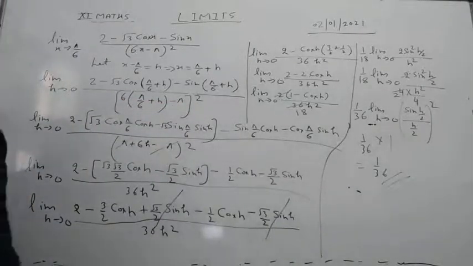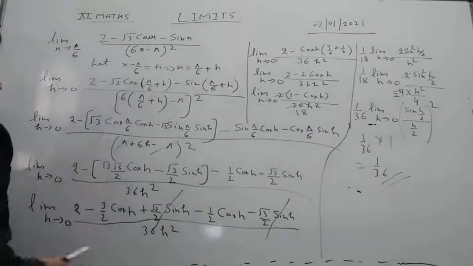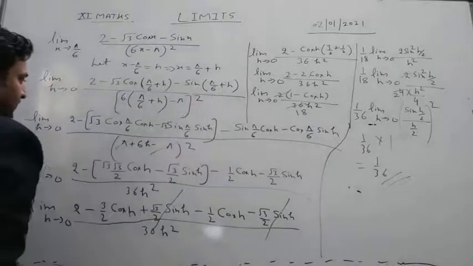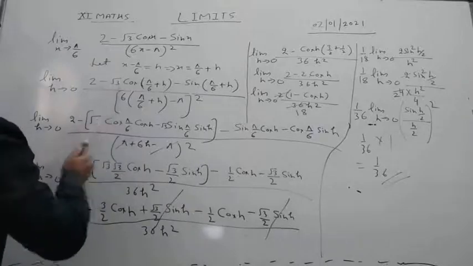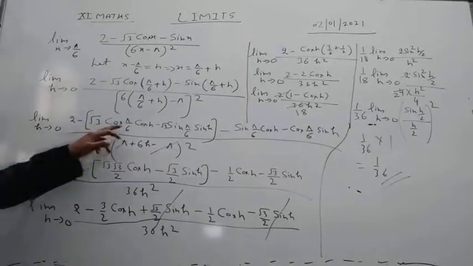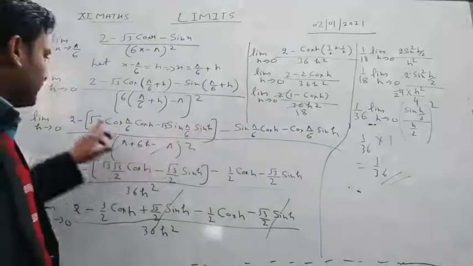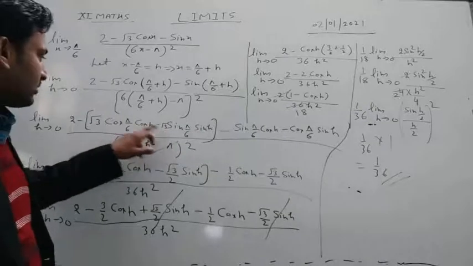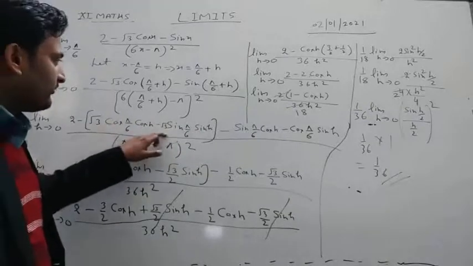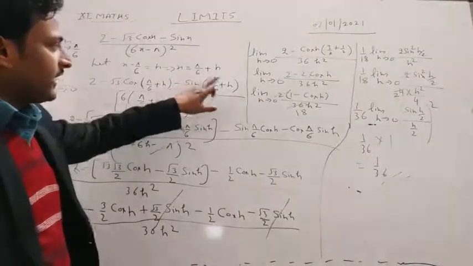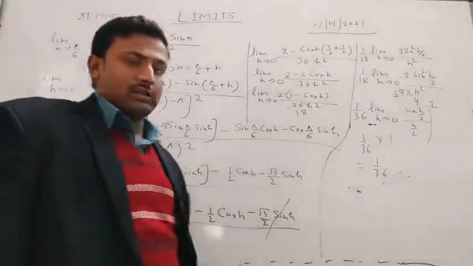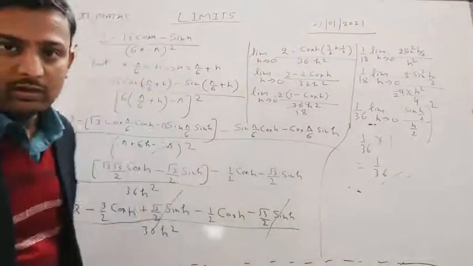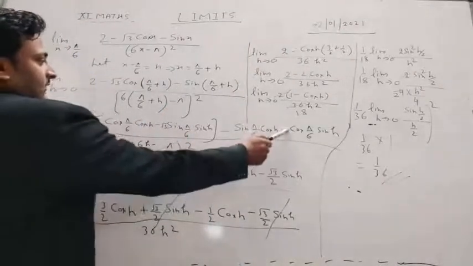Now here we expand cos(a plus b) and sin(a plus b): cos a cos b minus sin a sin b, and here again we expand sin a cos b plus cos a sin b. Here is a negative sign, so the sign will be changed here.